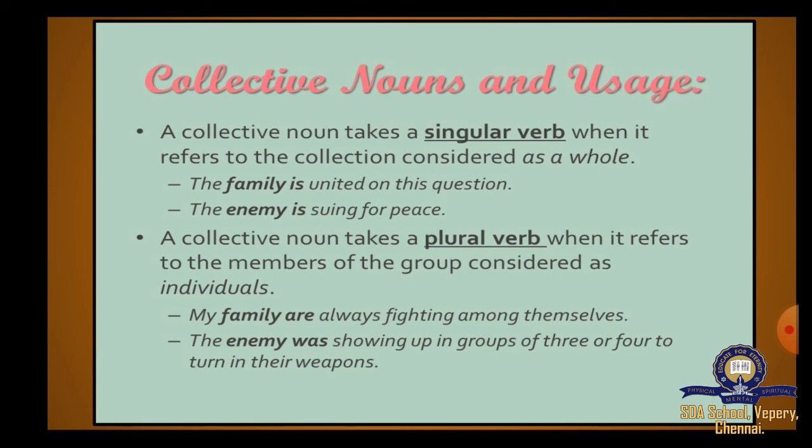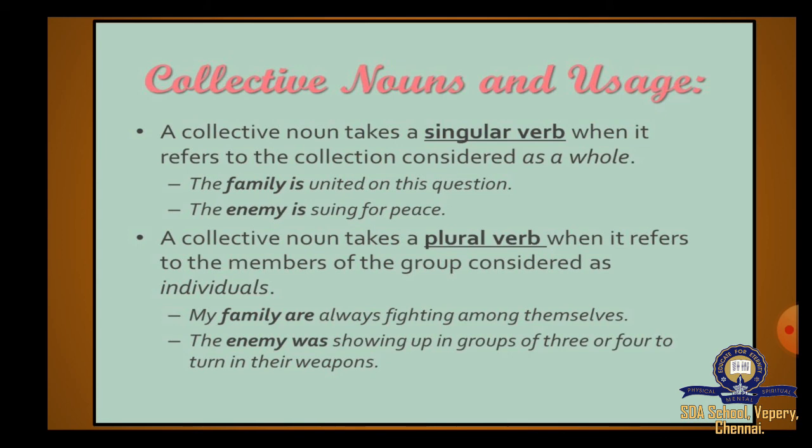But when we refer to them as individuals, we use a plural verb. My family are always fighting among themselves. So it's not everybody in the family, it's just a few people fighting, right? So when it is considered as individuals, it is a plural verb. So here you see, my family are, it's a plural verb. Second, the enemy were showing up in groups of 3 or 4 to turn in their weapons.